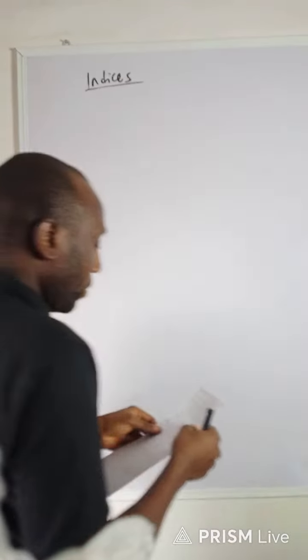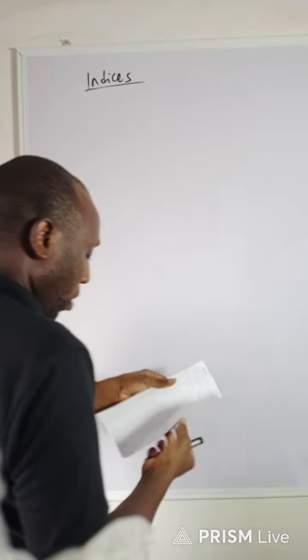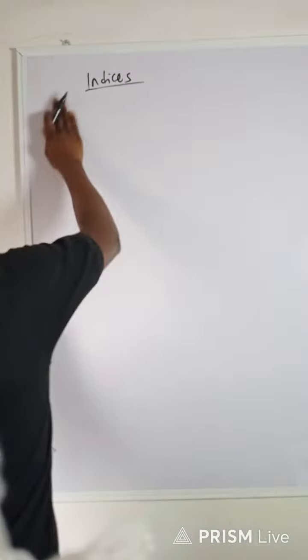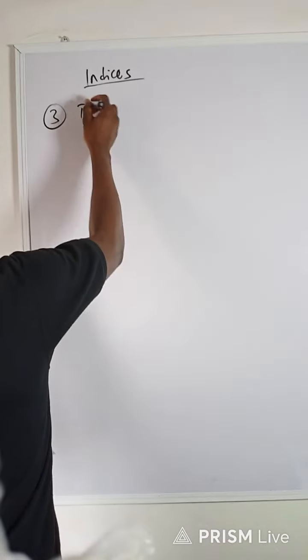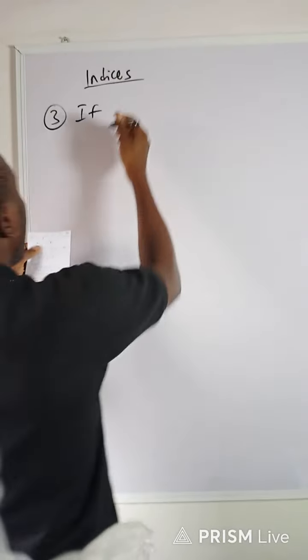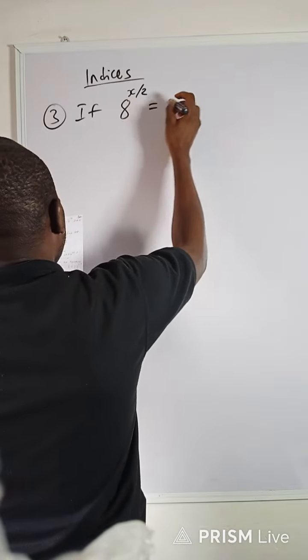Now, we will not be able to solve all the other questions I wrote here, but let's do this one, number 3 for the examples. I want us to do 1 or 2 more, then we move on to simultaneous equations if we still have time. All right?